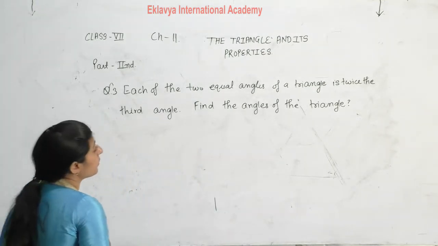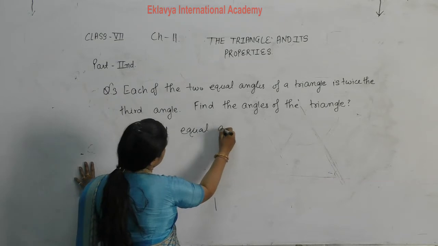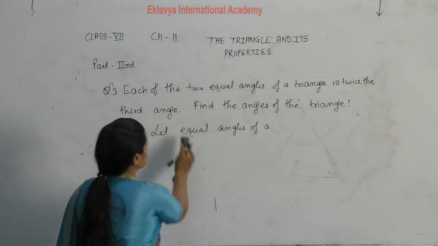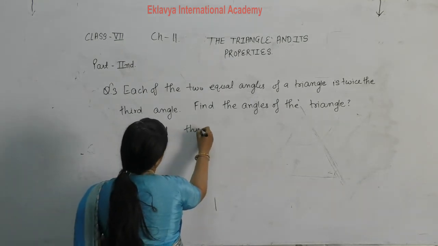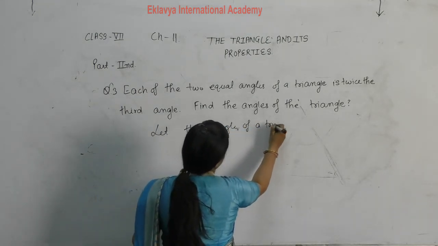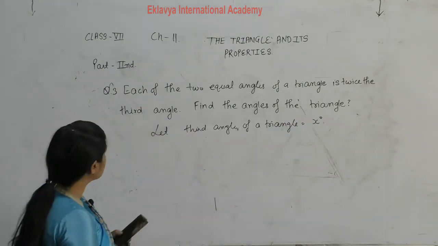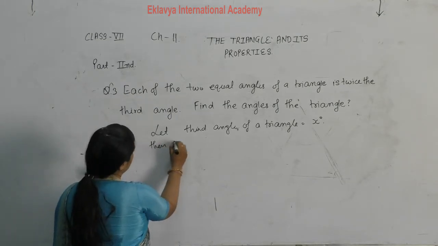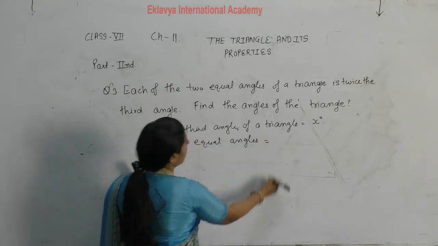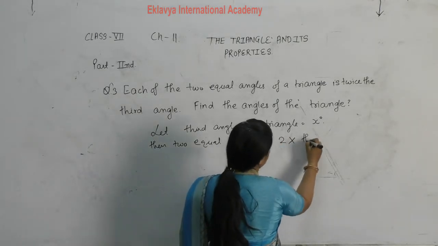See, in this, let the third angle of the triangle be x degrees. Then the condition is given: the two equal angles are twice the third angle, 2 multiplied by the third angle.